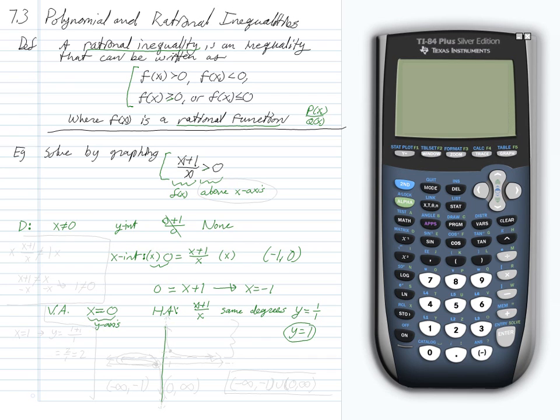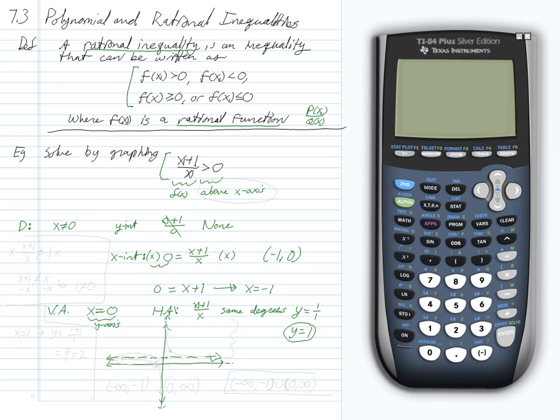So I'm going to sketch this. It's not going to be the most amazing drawing, but it doesn't really need to be for our purposes. I have a horizontal asymptote at 1, and a vertical asymptote along the y-axis.